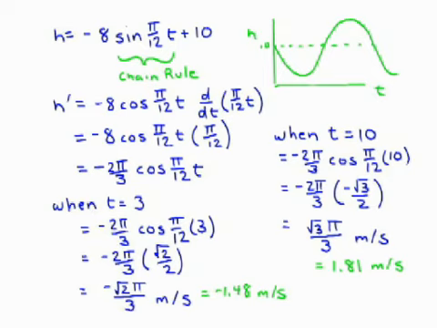The last thing they ask you in this question is, what do the slopes of the tangent lines represent? Some of you may rush to an answer and assume that it is merely the velocity of the individual as he moves around the Ferris wheel, but I caution you against this. Although the units are meters per second, what we're looking at is the instantaneous rate of change of the height with respect to time.